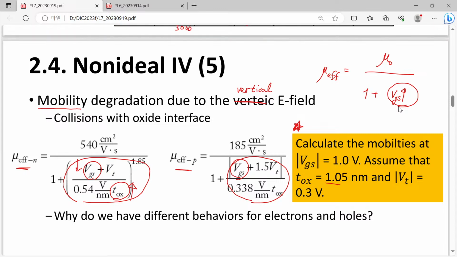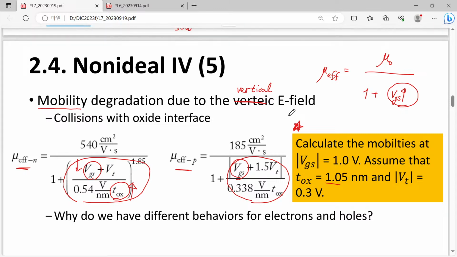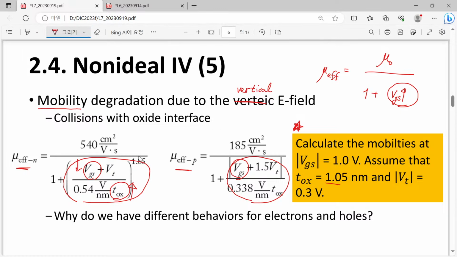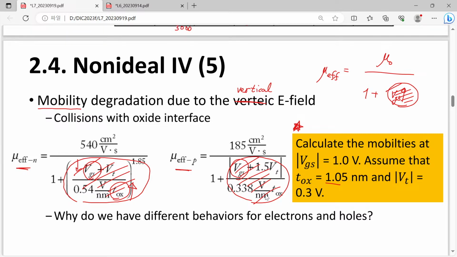Then what will happen? If you have a very low bias condition, then this shaded term here does not contribute. Then what will happen to your effective mobility term? Then it will just reduce to mu not, shown here.